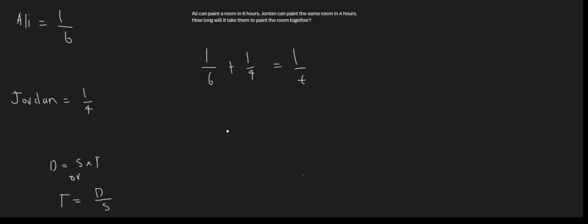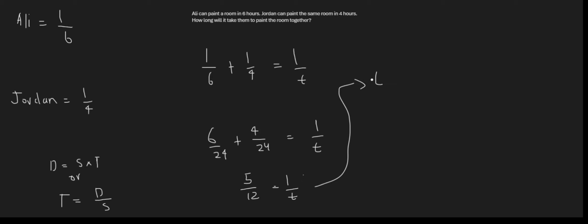Now we just add these two together and we get 4 over 24 plus 6 over 24. Now when we add that together, we get 10 over 24 equals 1 over t. And when we simplify that, we get 5 over 12, since 10 over 24 simplifies to 5 over 12.